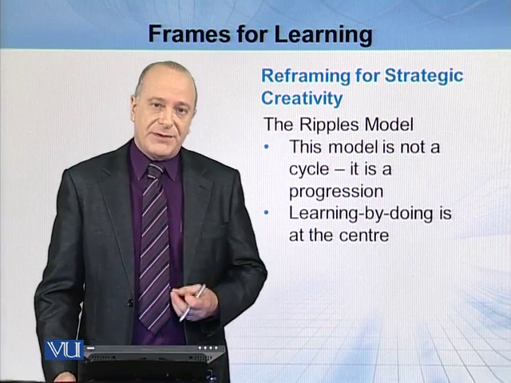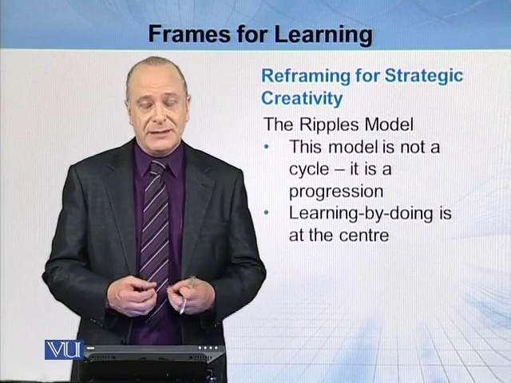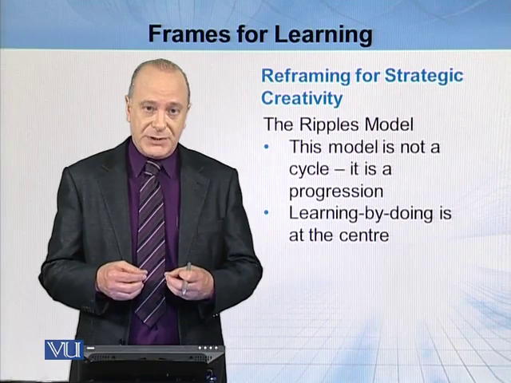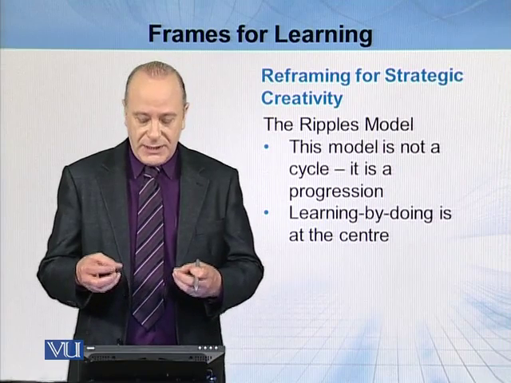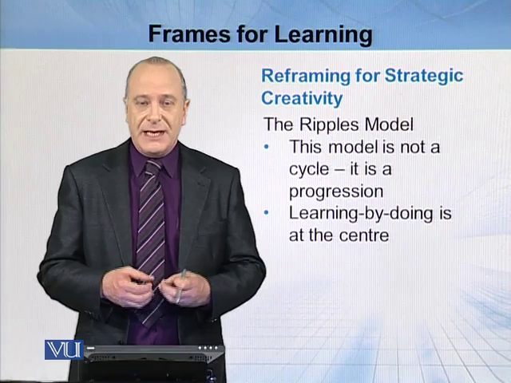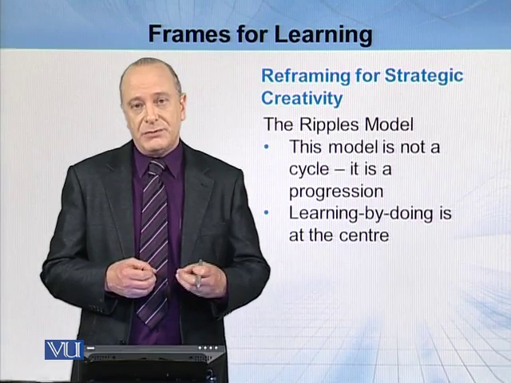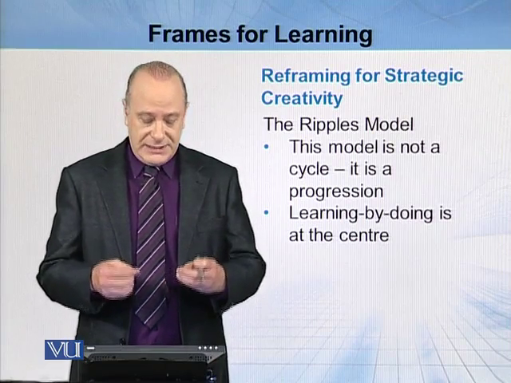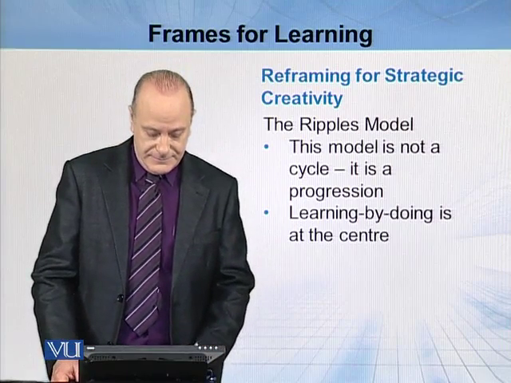What we can see from this is that the Ripples model is actually not a cycle. It is a progression, starting from the center point, which is wanting and needing and doing. Or in other words, we are learning by doing as reflective practitioners, and through this progression, moving through the reflective practice process very systematically by looking at different strategies in terms of reflection.